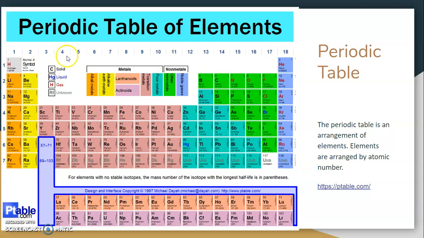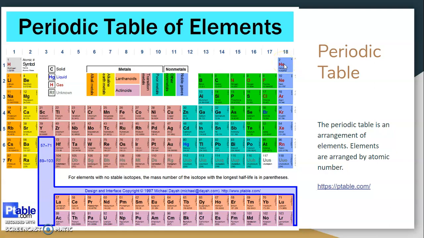Remember that we read the periodic table from left to right. So hydrogen would be number 1, helium number 2, lithium 3, 4, 5, 6, 7, just like that. Now remember, the atomic number is at the top, so helium's atomic number is 2. The atomic number is always equal to the number of protons. So helium has how many protons? 2, right? The atomic number is almost always equal to the number of electrons.